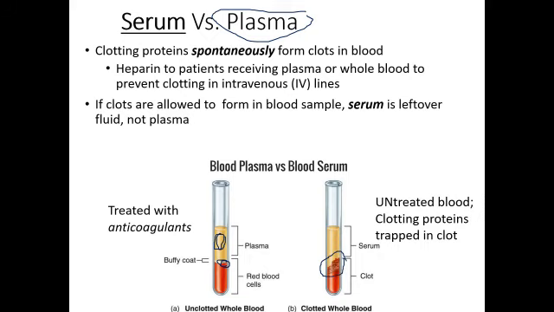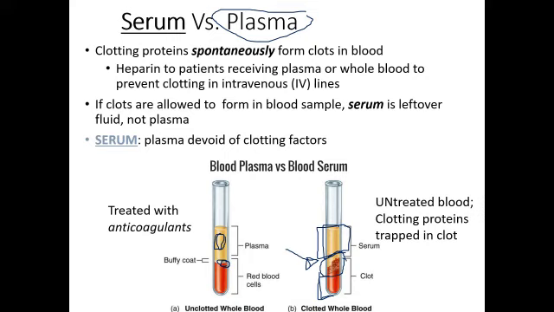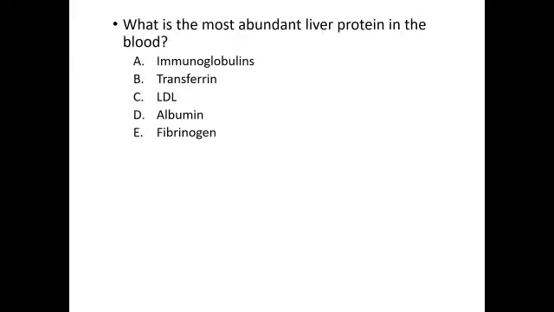Okay, and of course, this often includes the red blood cells as well. And the fluid that is left over no longer contains those clotting proteins. Those clotting proteins are already down here in the clot. Okay, so the fluid left over is called serum. So serum is essentially the plasma, but without those clotting factors, without those extra proteins within it.